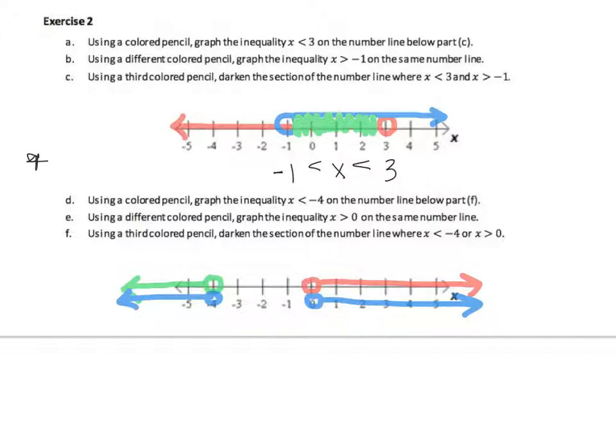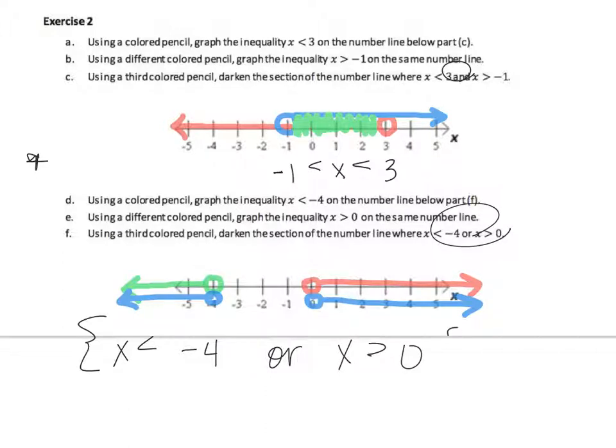It has to satisfy both, right? There's my "and." On this bottom one, I actually have x is smaller than -4, or x is bigger than 0. And that satisfies my "or," and that's how I would write it. I might get a little fancier, but basically that's how I write my solution set.